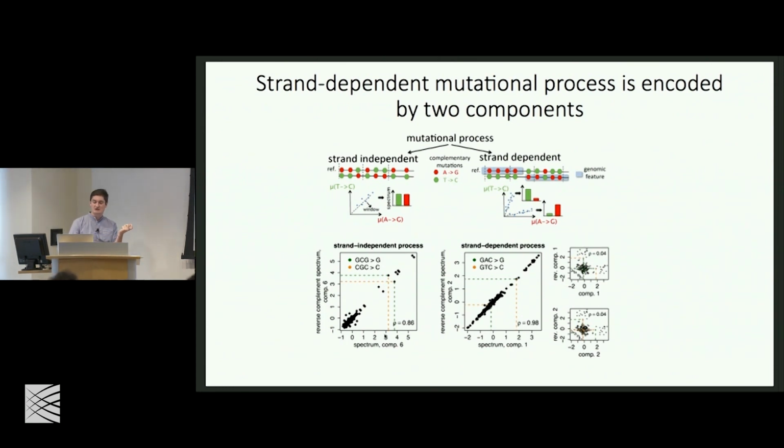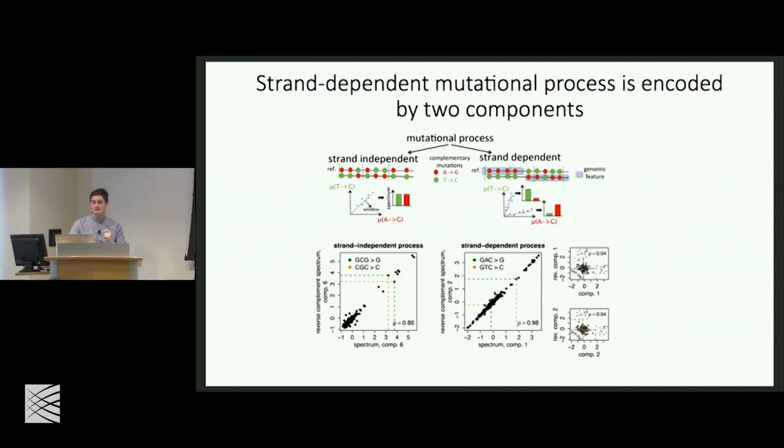If a component is strand independent, then if we look at a scatter plot of its mutation versus reverse complementary mutation, where each point is a mutation type, we expect that they should correlate. If they correlate, then it means that they're identical.